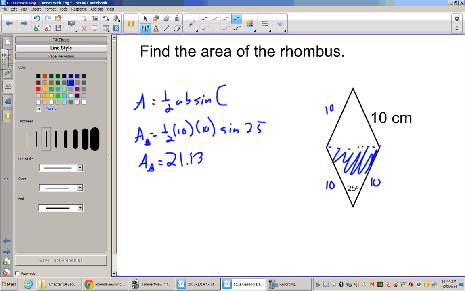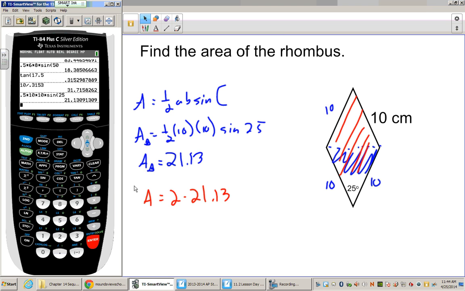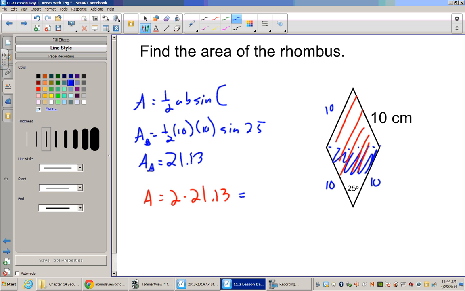Now, if I want to find this whole rhombus, I'm going to have to double that. So area equals 2 times 21.13, and we get 42.26. I probably should have been able to do that in my head. 42.26 centimeters squared.